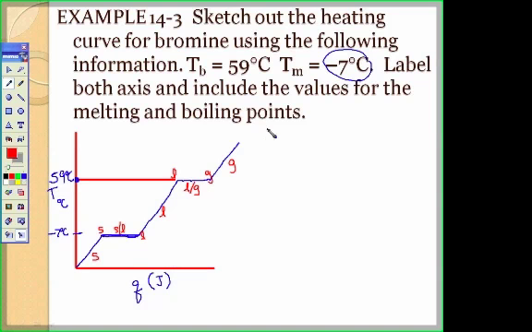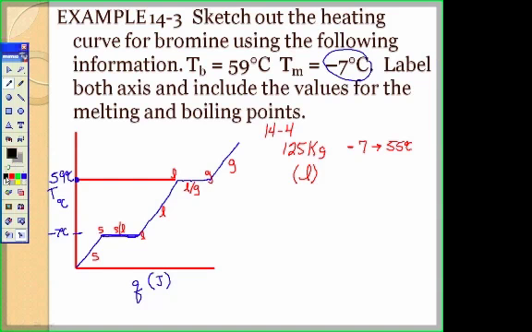Now if we look on, for example, 14.4, I'm going to do the work on the next page. But for 14.4, it asked us to take 125 kilograms of bromine from minus 7 up to 55 degrees. Now what's key is it told me I had liquid bromine.